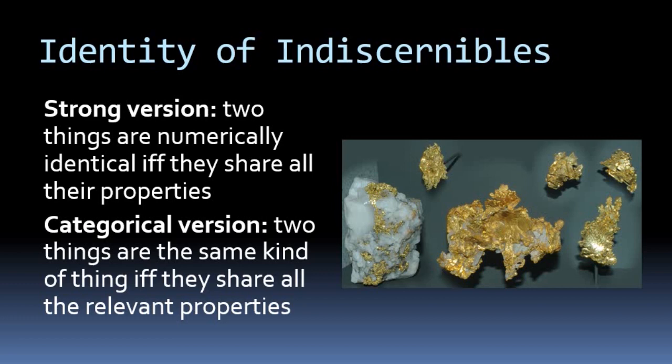So the question becomes, what are the relevant properties that we want to talk about sharing with machines in order to say that we're the same kind of thing, specifically intelligent things? That's going to be the question for the rest of the class. How do we figure out what the relevant properties are that we either share or don't share?